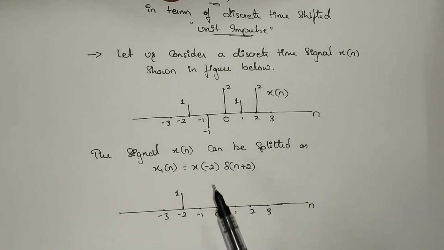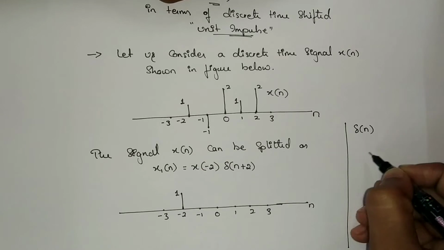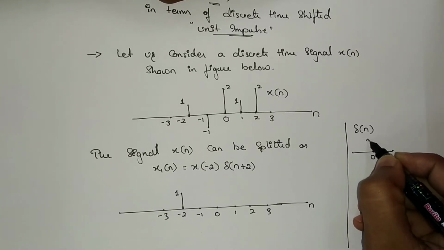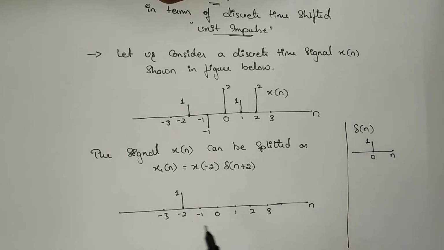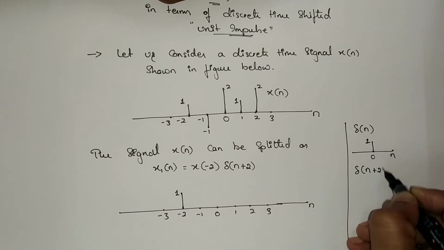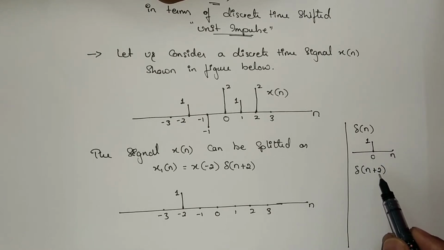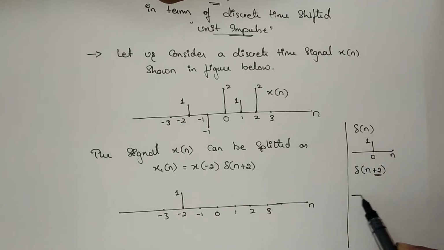The whole signal is split into unit impulses, one impulse at a time. As we all know, delta of n is nothing but amplitude 1 at n is equal to 0, and here we have delta of n plus 2. It means the signal is advanced by 2 units, so instead of starting at 0, it starts 2 units earlier at n is equal to minus 2.